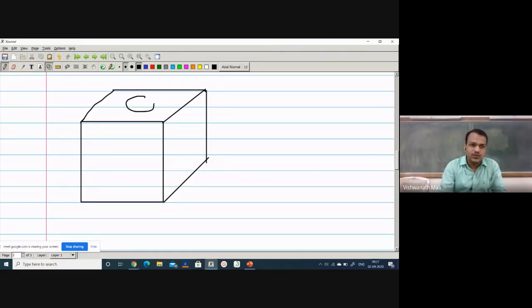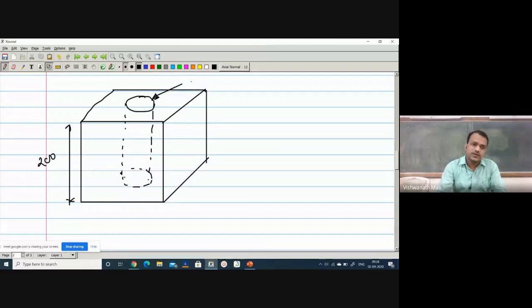Suppose this is a cube which has a hole. This hole is through. Let's suppose its height is 200, means the dimension of the cube is 200.